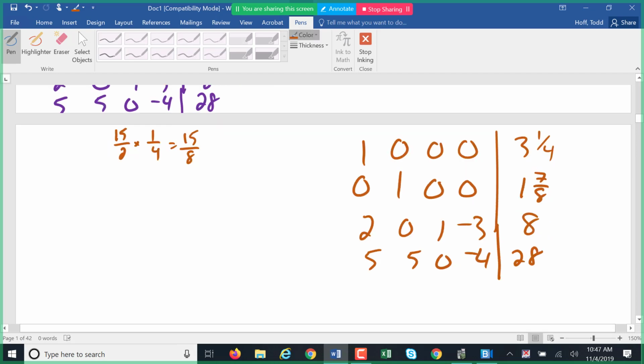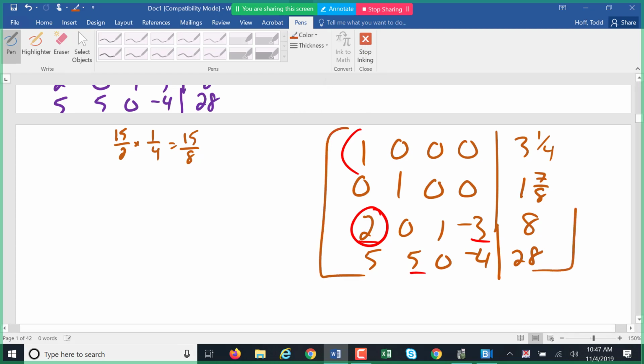So now I need to get zeros here, here, and here. And while we're at it, we'll get that one zeroed out too. So let's work on this one right here. To get rid of that, I'm going to multiply this top equation. Should put my brackets up here.